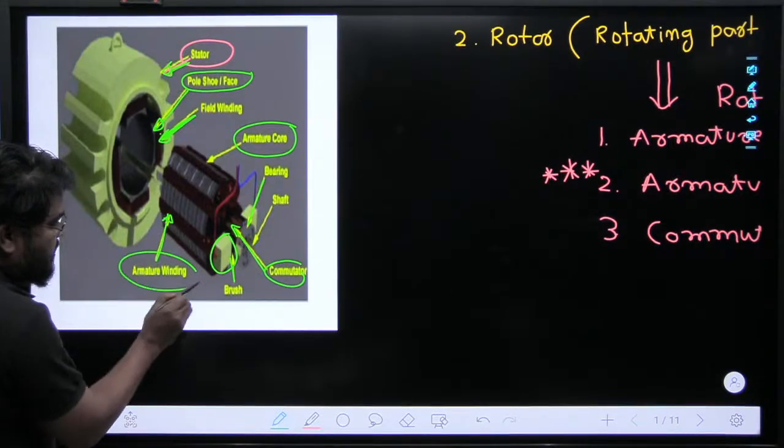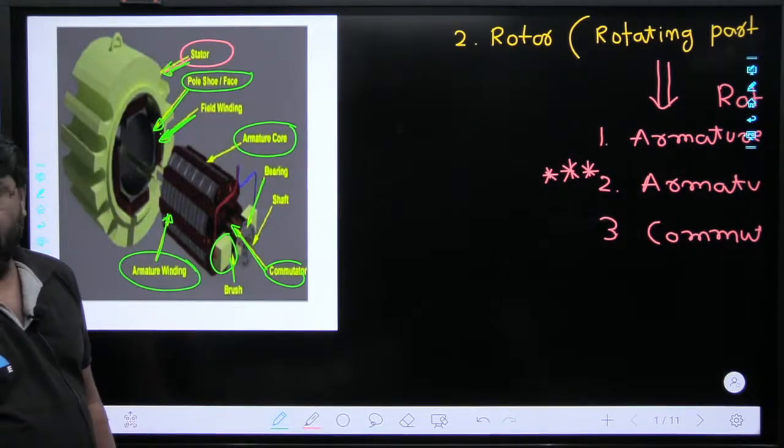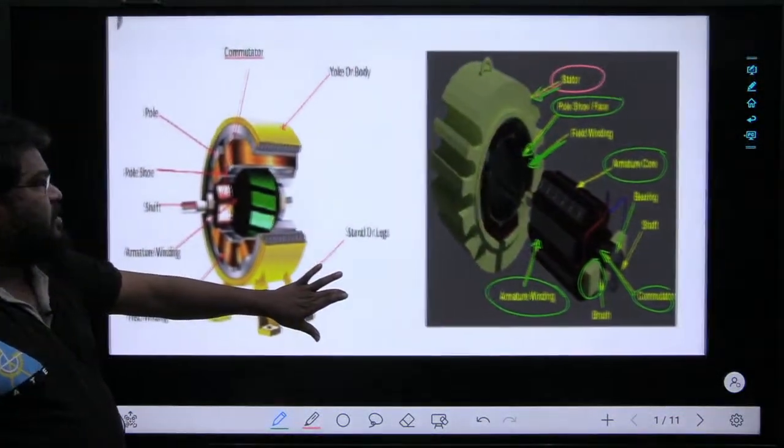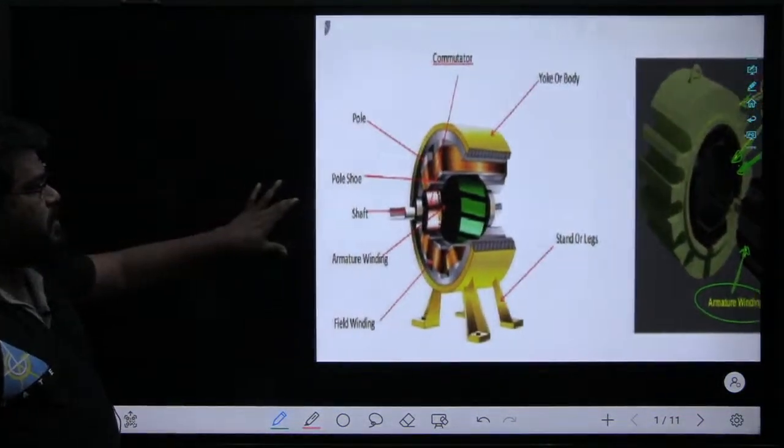This is the armature winding of the machine.